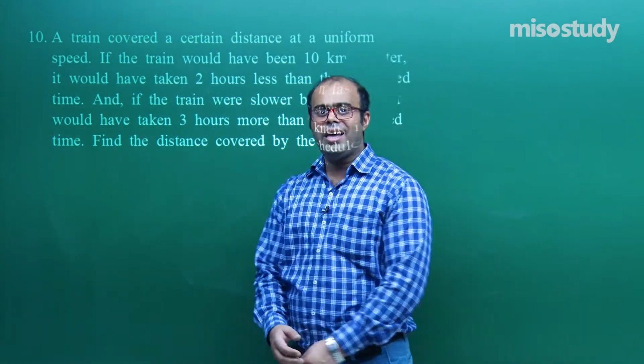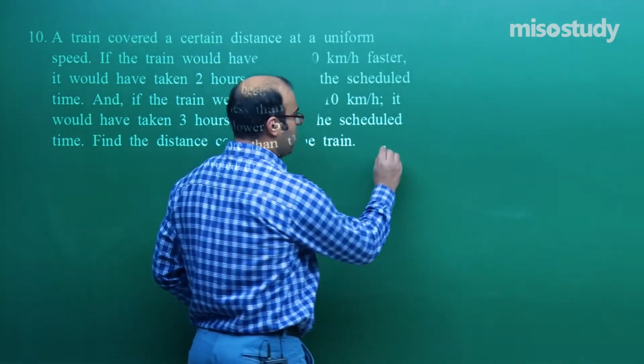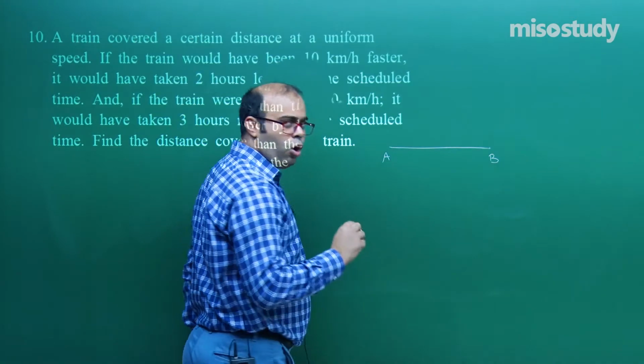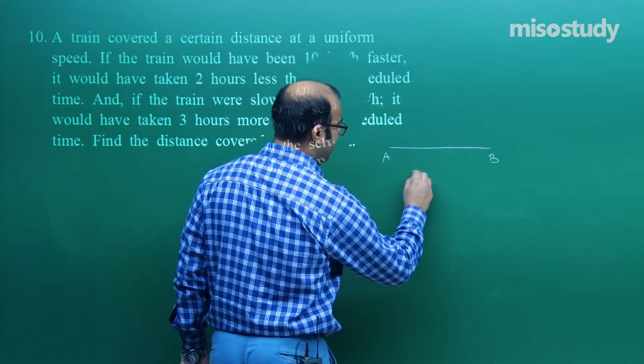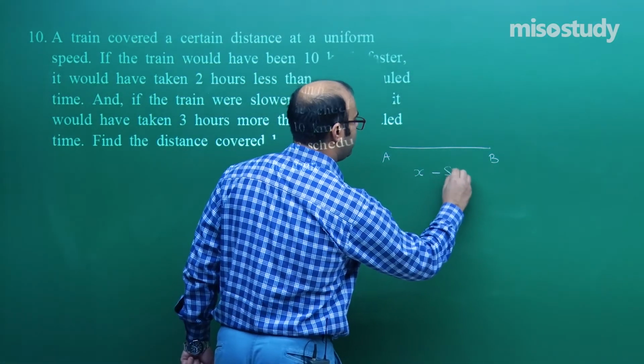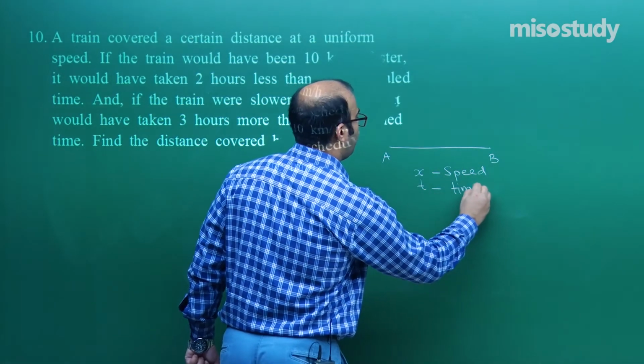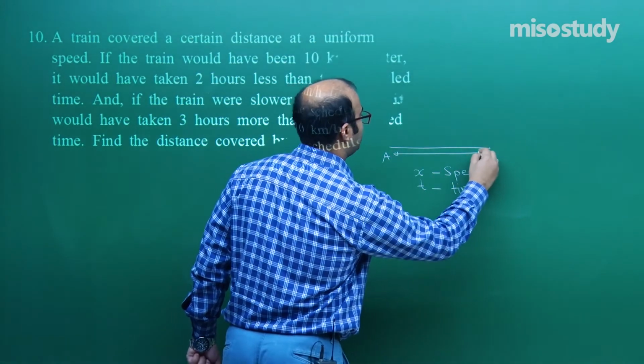Okay. So here it is said that there is a distance which the train will cover from A to B. Now normally the train is taking x as its normal speed, and t as the time in order to cover this distance AB, which is d.